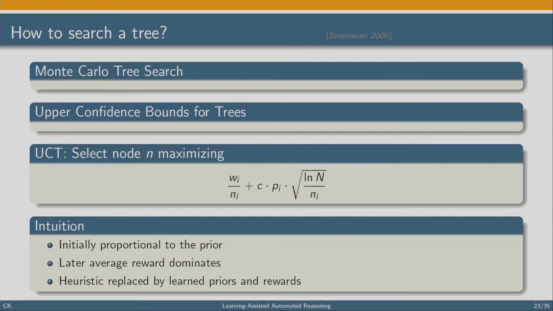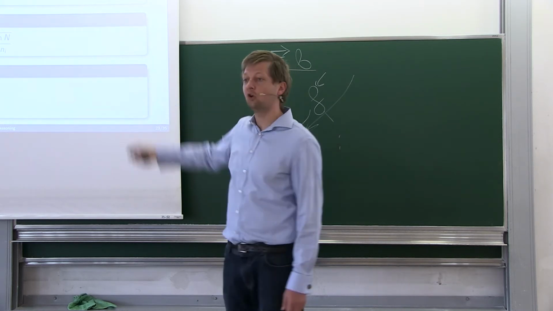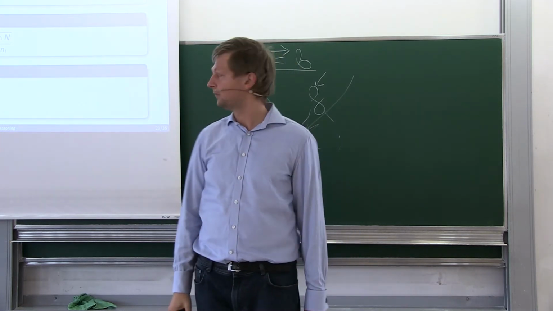We want the average reward, but there's also some prior probability pi, the prior for a given move i. But we've played the move i n times, and we also have the sum of the times that all the moves have been tried.